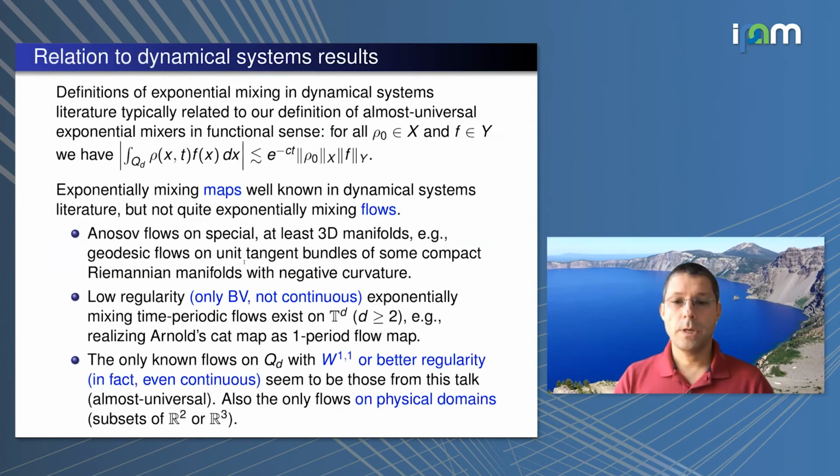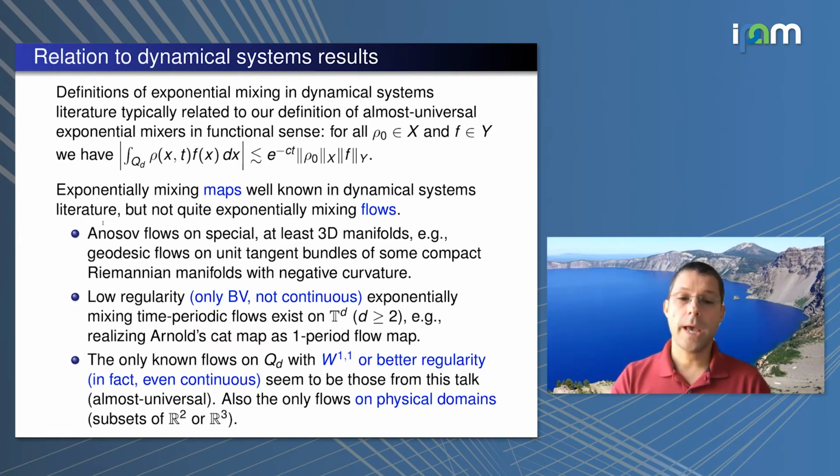Okay, let me make a few remarks here. So universal mixing and even exponential mixing is well known in the dynamical systems community. There are many examples of maps that do that. However, when you actually want to find examples of flows, you have to work a little bit. You can find maps, but you need to find flows that realize those maps. That's not so easy.